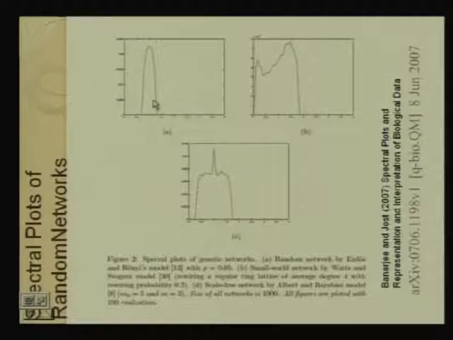This first one is for the Erdos-Renyi graph. Are you familiar with Erdos-Renyi graphs? You do not know. So, the Erdos-Renyi graph is the most simple random graph model. You have n nodes. How many edges are possible? Suppose you have an undirected graph.